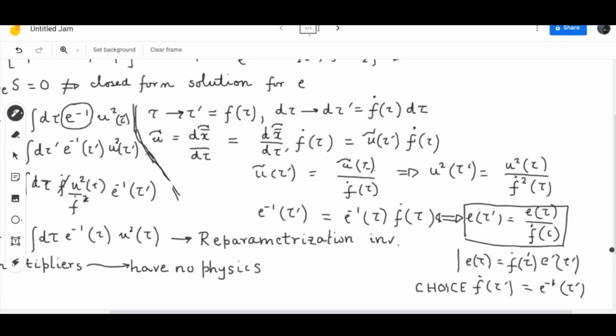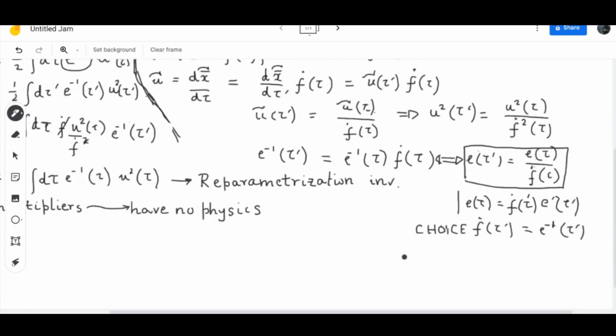So this choice, what it does for me is to reduce E of tau to be equal to 1. Now, this is the point. You can always make a choice of a Lagrange multiplier depending on its transformation law.